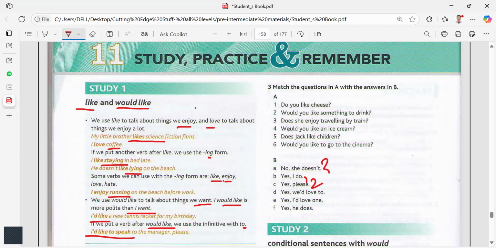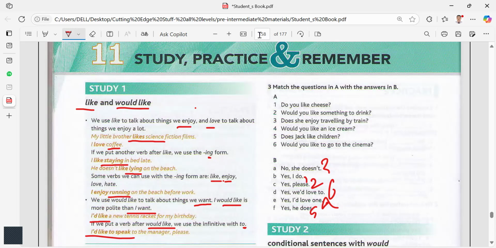Perfect. Would you like an ice cream? Yes, I'd love one. Perfect. Does Jack like children? Yes, he does. Perfect. Would you like to go to the cinema? Yes, I'd love to. Okay.